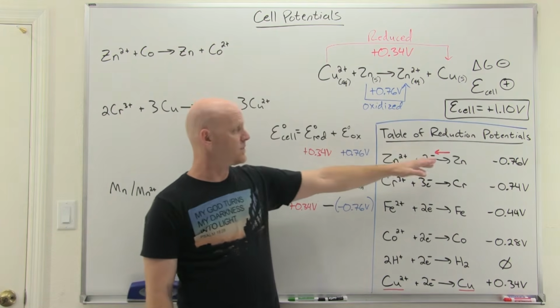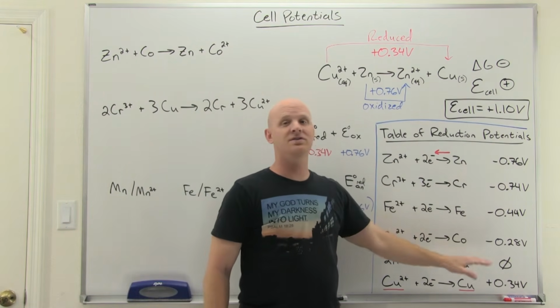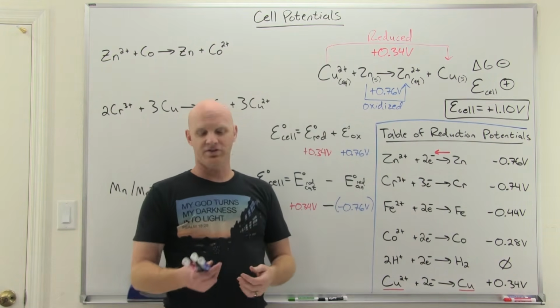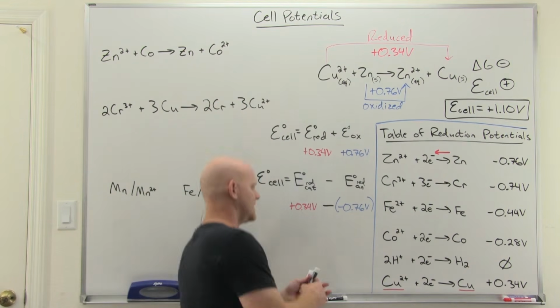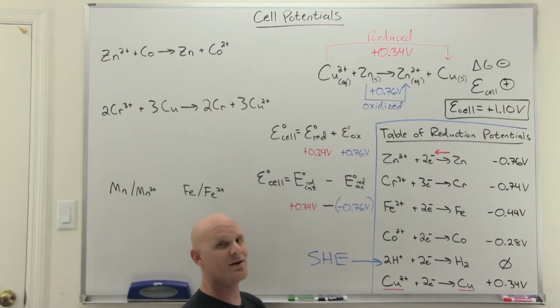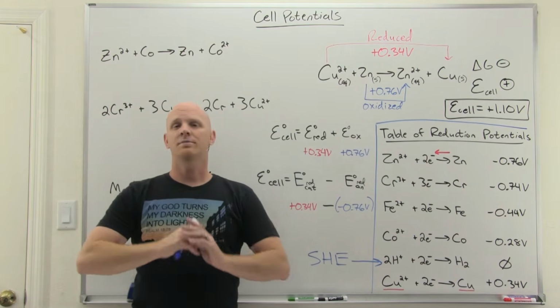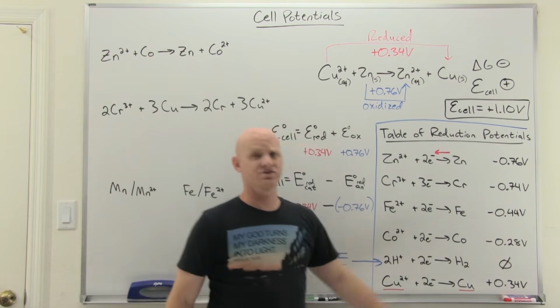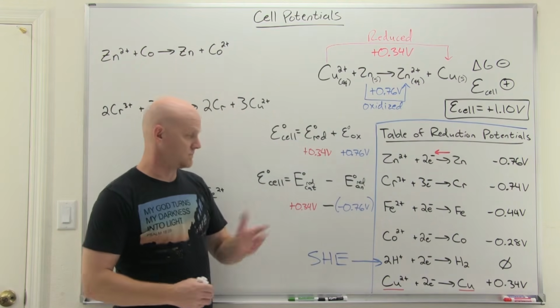Well, it turns out every one of these values comes from a comparison to something. They took what's called the standard hydrogen electrode, which is this guy right here. And they just arbitrarily decided that's what we're going to call 0 on the voltage scale.